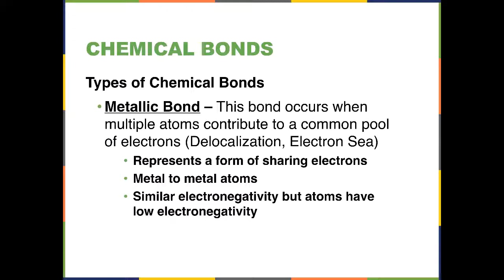So for example, an iron bar represents a bunch of iron atoms that have come together and dumped their valence electrons into this electron sea. Because it's all made up of iron atoms, the electronegativity is the same, and it's low because it's a metal. And these electrons then become delocalized. So the properties of the metallic bonded substances occur because of the delocalization of electrons.